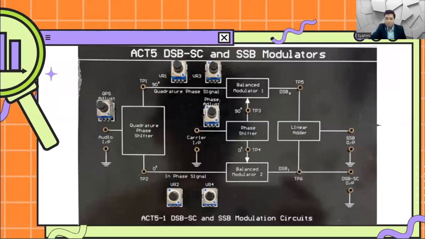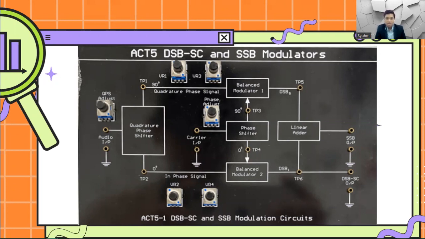Moving on to the practical lab experiment that I have implemented before. This is the device that we use to generate DSB-SC and SSB modulation, which is SCT5.